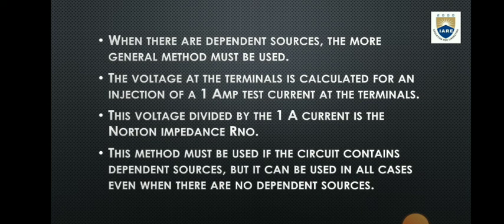This voltage divided by the 1 ampere current is the Norton's impedance RNO. This method must be used if the circuit contains dependent sources, but it can be used in all cases, even when there are no dependent sources.